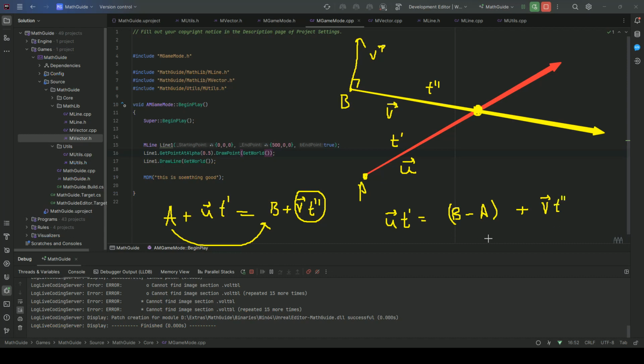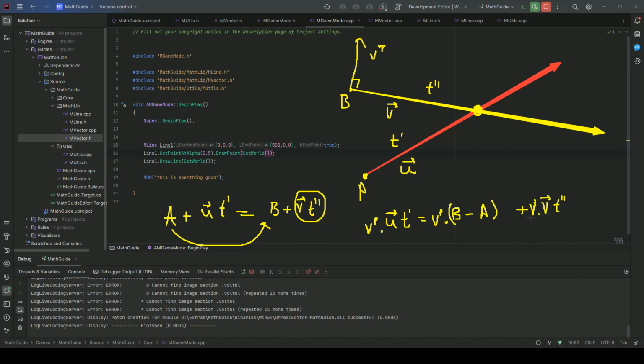Now I will multiply with dot product with V perp, the perpendicular of V. So V perp dot product on each term.